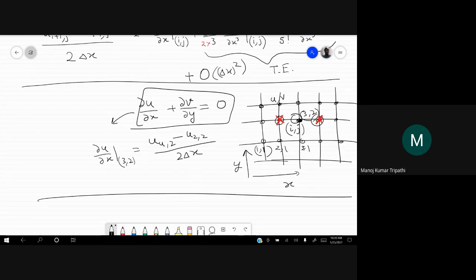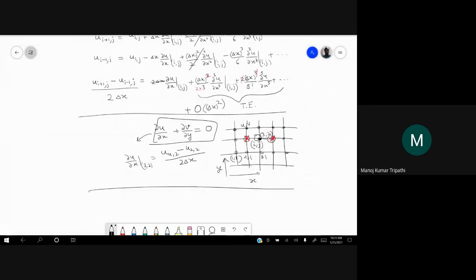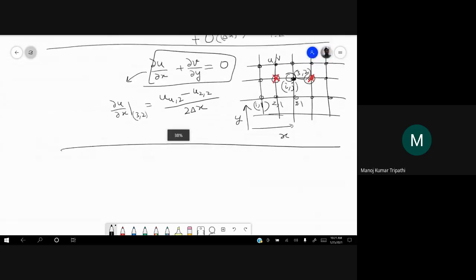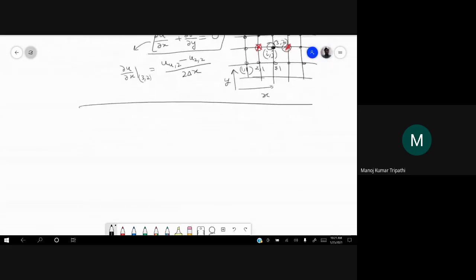Delta x is the distance between any two grid points. Okay. So now we have expressed this derivative in terms of subtraction or addition, you can say. Okay, I hope this is clear.